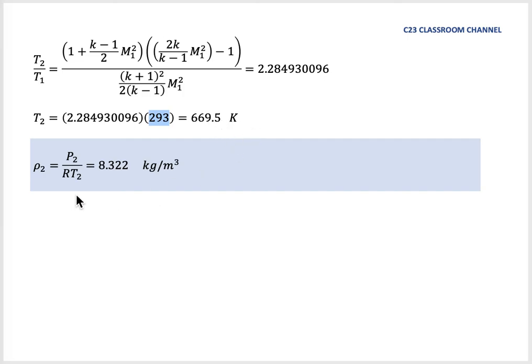To get the density after the shock wave, we could use the ideal gas law, P2 equal ρ2RT2, so ρ2 equals P2 over RT2, and it will give us 8.322 kilogram per meter cube.